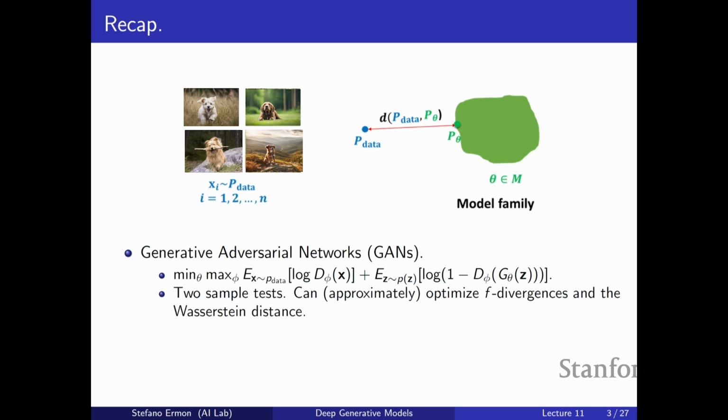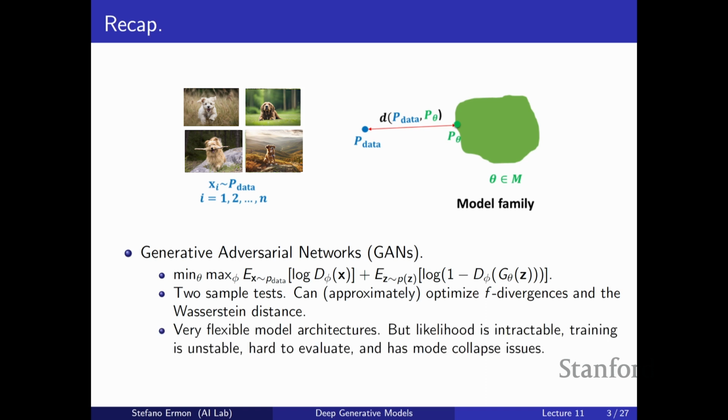Under some conditions this is principled, in the sense that if you had access to an extremely powerful discriminator, then you could to some extent approximate the optimization of an F divergence or even a Wasserstein distance. But in practice, although you can use essentially any architecture you want to define the sampling procedure, training with these minimax objectives is very tricky because we don't have likelihoods.